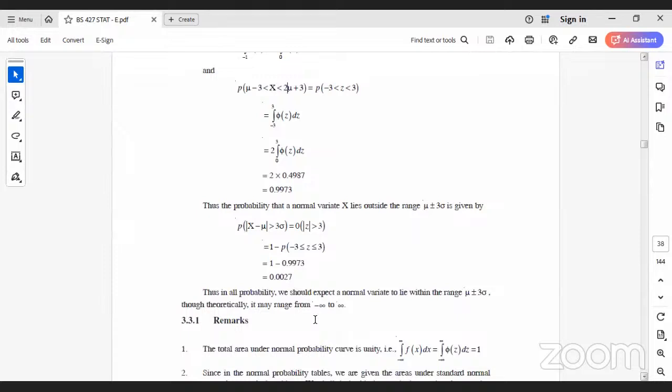So this is the probability that the normal variate x lies within mu plus or minus 3 sigma. So the probability that absolute value of x minus mu is greater than 3 sigma, that is absolute z greater than 3, from the normal table value for minus 3 to 3 is 1 minus 0.9973, that is 0.0027.